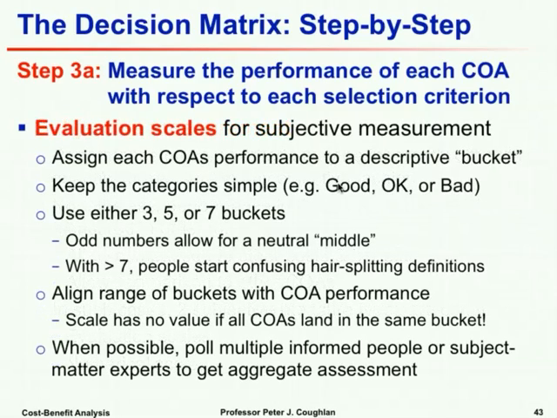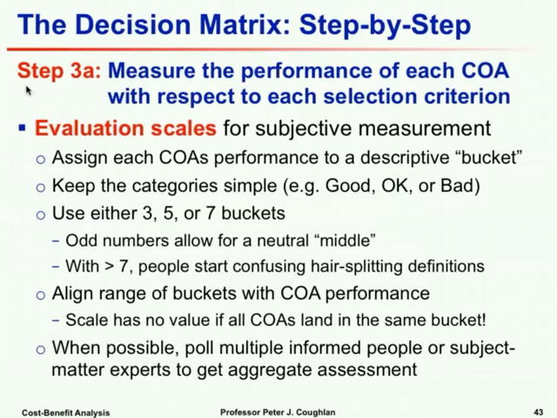Evaluation scales for subjective measurement are simply assigning some descriptive bucket. It could be very simple: good, okay, or bad, for example, or outstanding, marginal, adequate, whatever. But some sort of labels or buckets for evaluating the performance along each criterion.